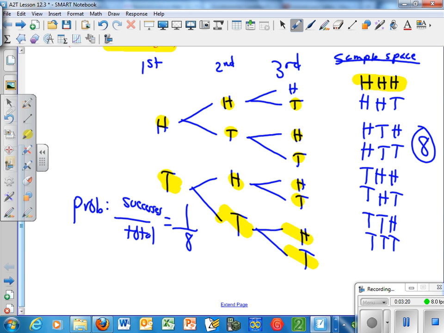Well, then I'd look for ones where I have 2 T's in there. And then we get into exactly 2 tails or at least 2 tails, and it gets a little trickier. But it's always out of the total. So it's 1/8 as a fraction, which if you divide it would be 0.125 or 12.5%. Probability can be listed as a simplified fraction, decimal between 0 and 1, or a percentage between 0 and 100%.